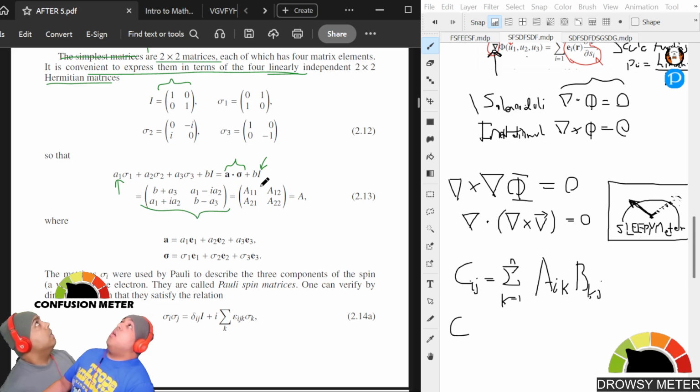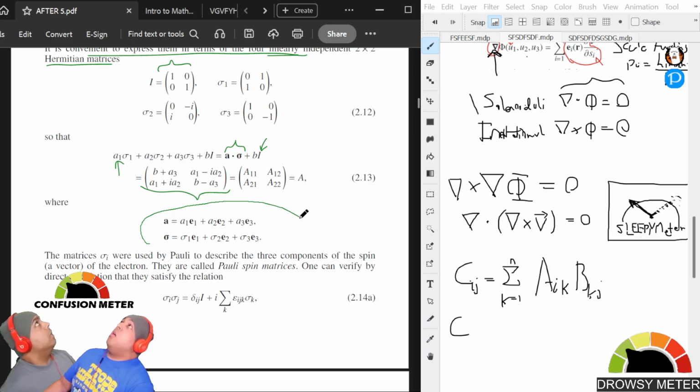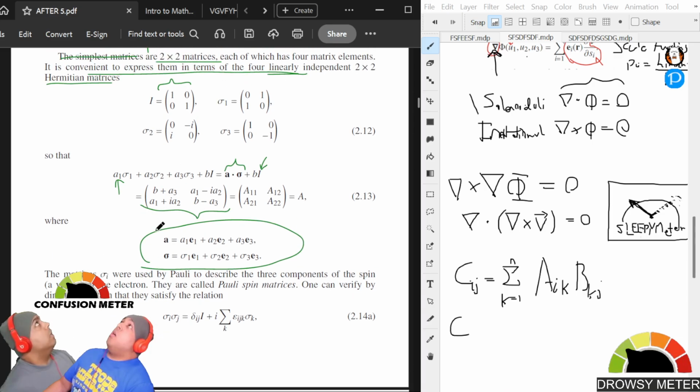Where do we get this from? It is convenient to express them in terms of 4 linearly so that A1. Okay, let's just look at this first. A equal, is this the matrix or what? What is the matrix? A equal A1, B1, A2, B2, A3, B3.